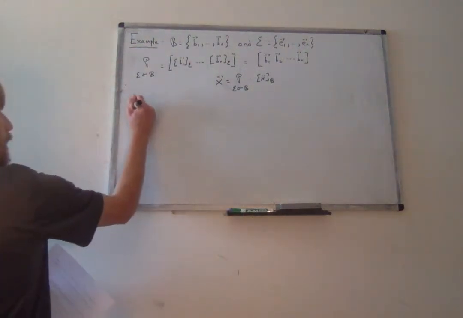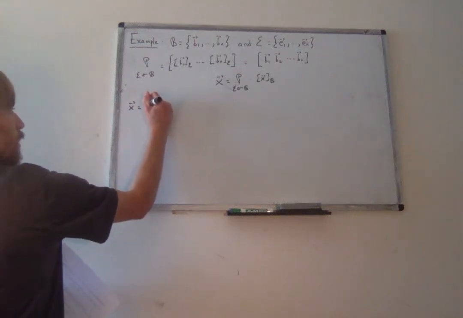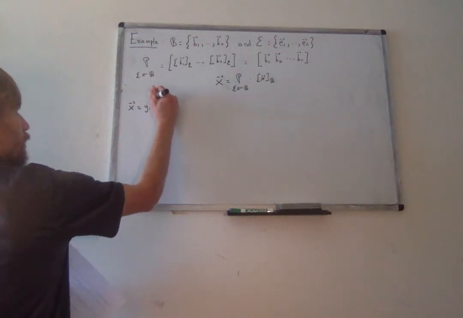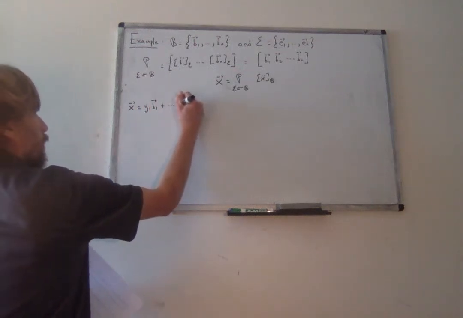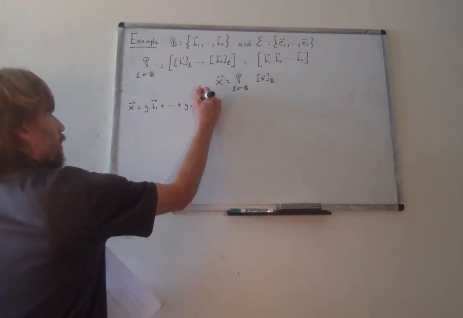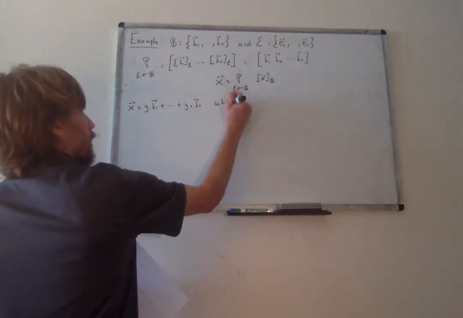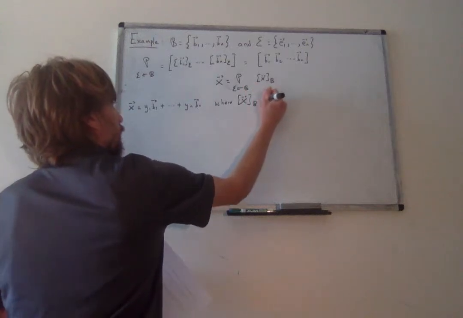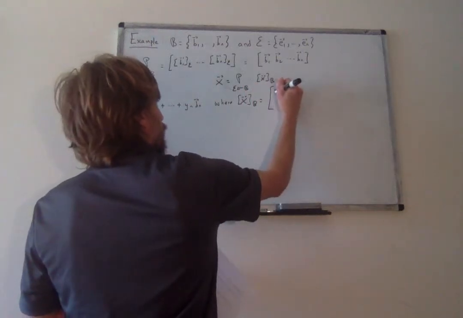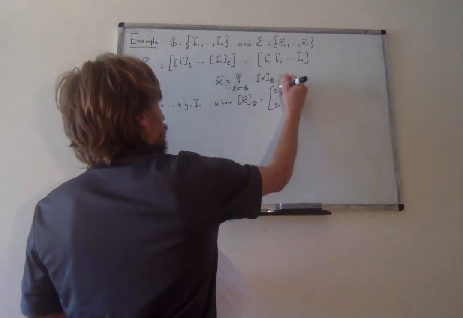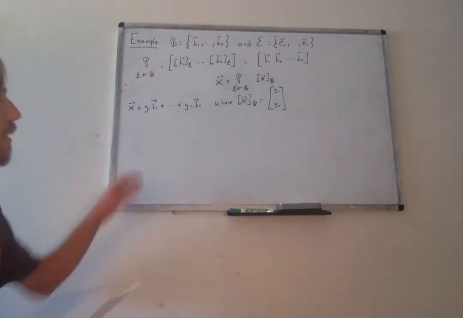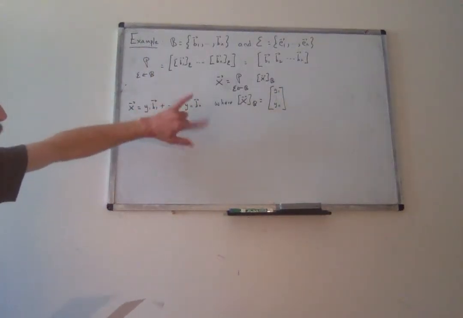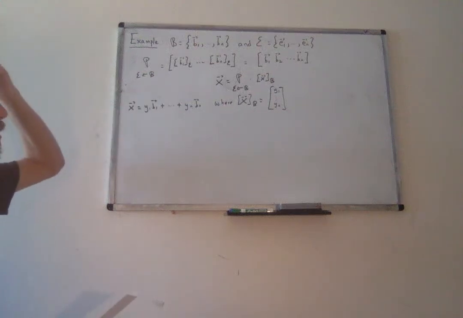And that's because we'd say that x is equal to y1 b1 plus yn bn, where x sub b is equal to y1 through yn. And so you can see here that then this matrix multiplication would hold up correctly.